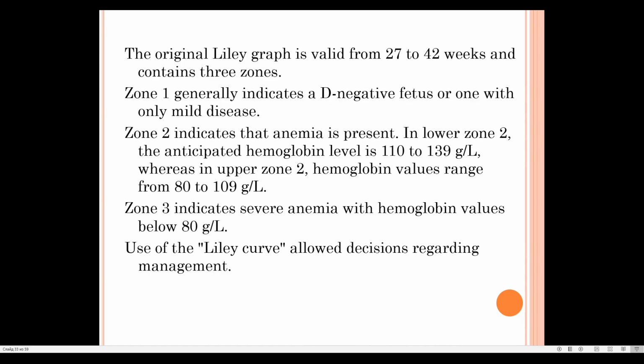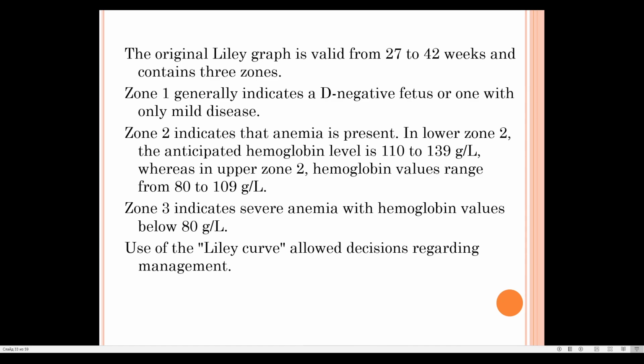Zone 2 indicates that anemia is present. In lower zone 2, the anticipated hemoglobin level is 110 to 139 grams per liter, whereas in upper zone 2, hemoglobin values range from 80 to 109.